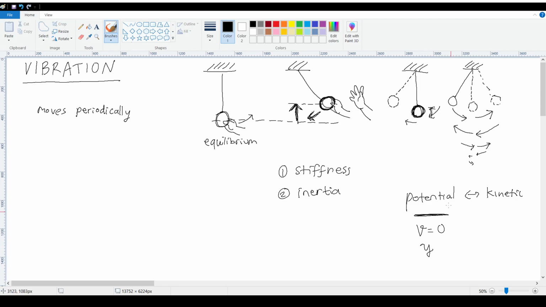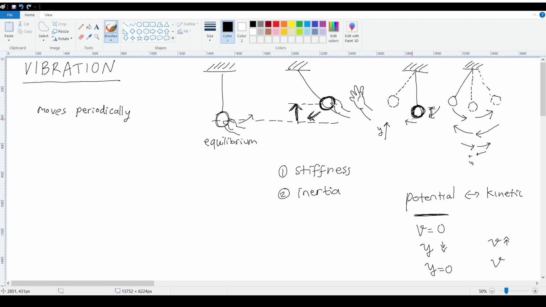Let's say the displacement is y because this is on the y-axis, right? It starts to decrease, and then the velocity increases. So in this case, the potential energy is converted to kinetic energy. When this object reaches the equilibrium position, it reaches the maximum velocity, but the displacement is zero.